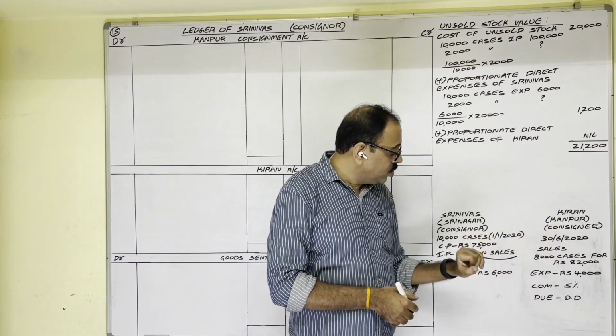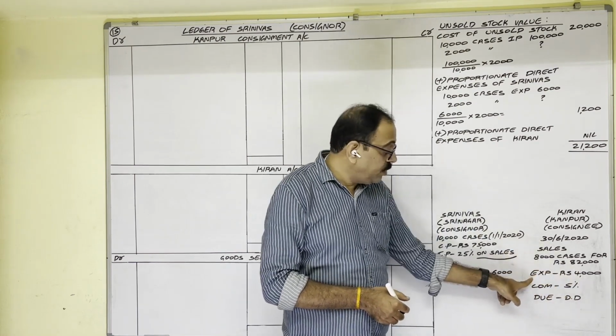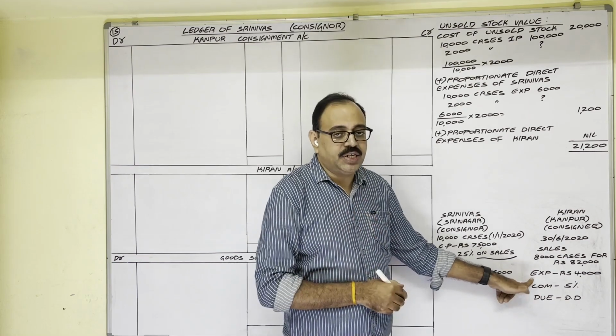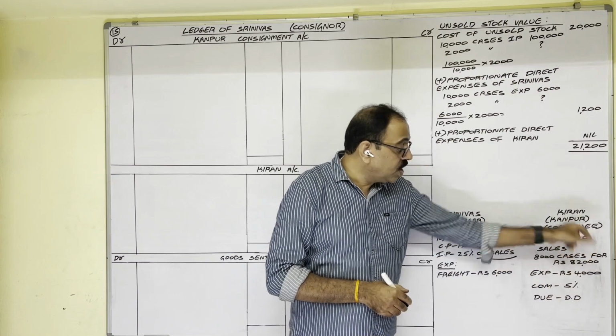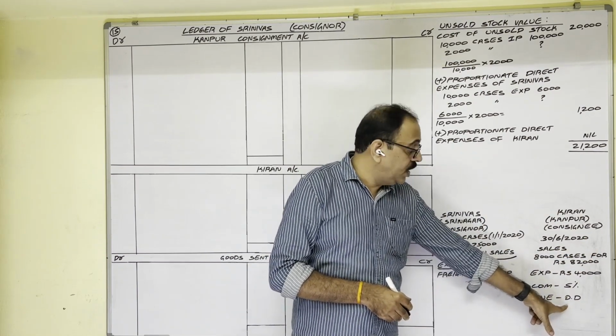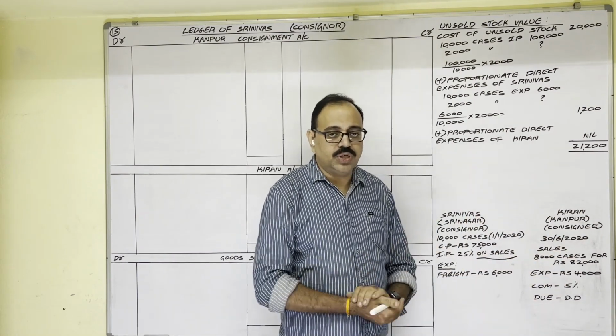And to sell these goods, he incurred expenditure of 4,000 rupees. The name of the expenditure is not given clearly, meaning indirect expenditure. He is entitled to a commission of 5% on the sales amount. And for the due amount finally, the consignee sent a demand draft. So this is the question.